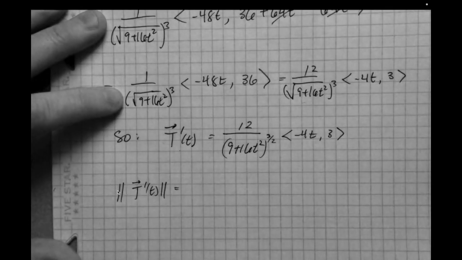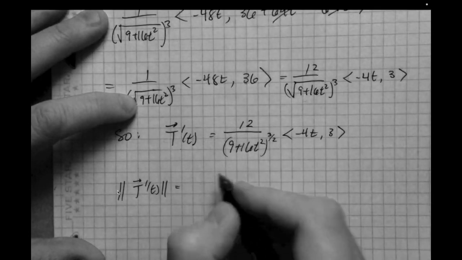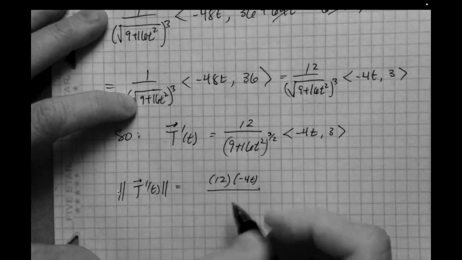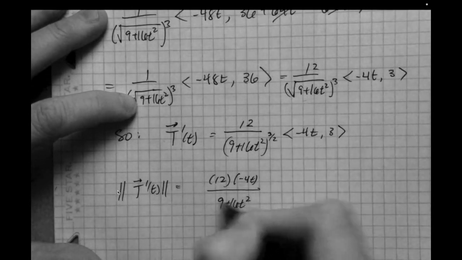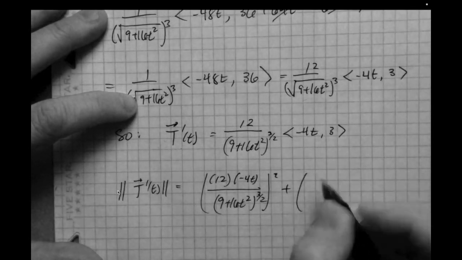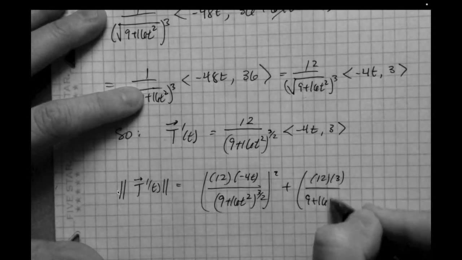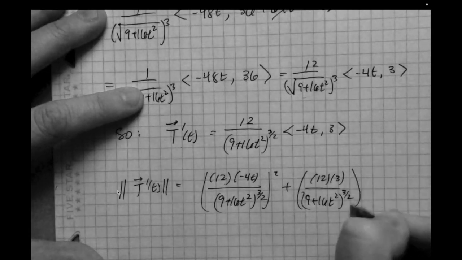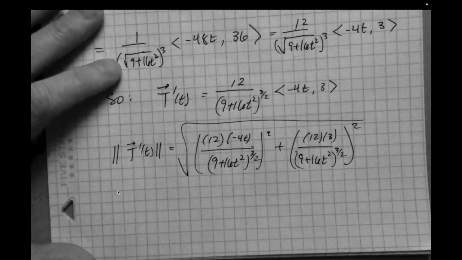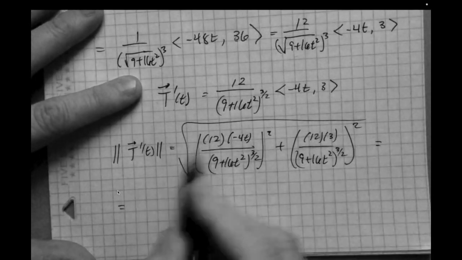Well, that's not going to be as big of a deal as the previous calculation. We're basically going to take, you can think of it like this, 12 times negative 4t divided by 9 plus 16t squared to the 3/2 power, square it, plus 12 times 3 over 9 plus 16t squared to the 3/2 power, square it, and then take the square root. All right, and so we have a common denominator, so we can kind of combine these things. And so what do we get here?